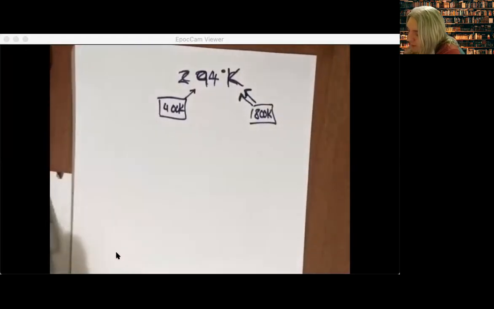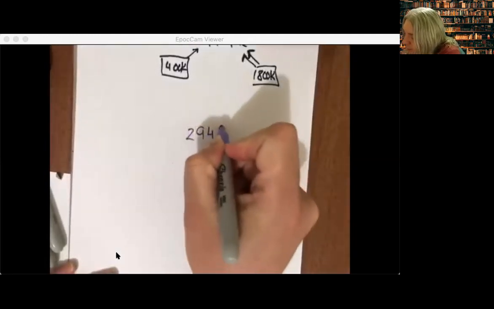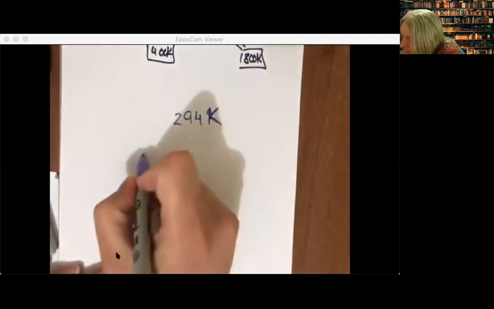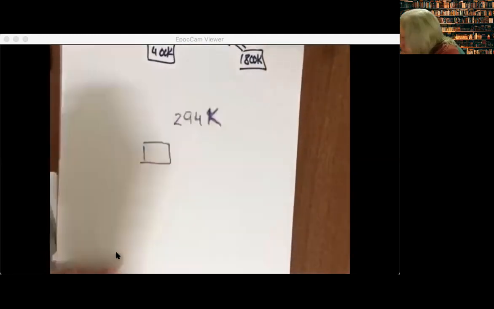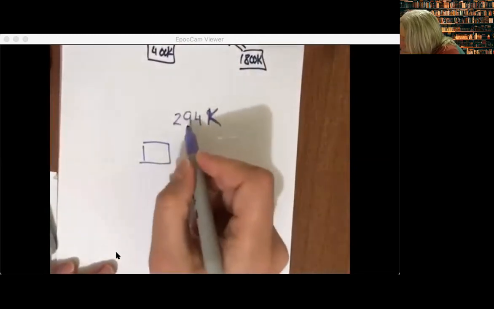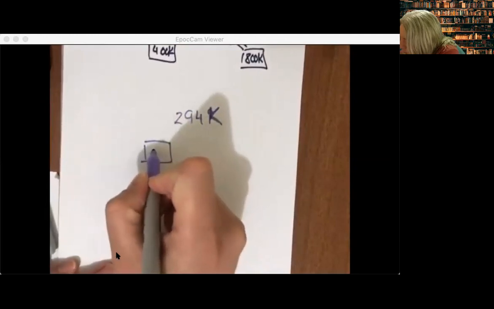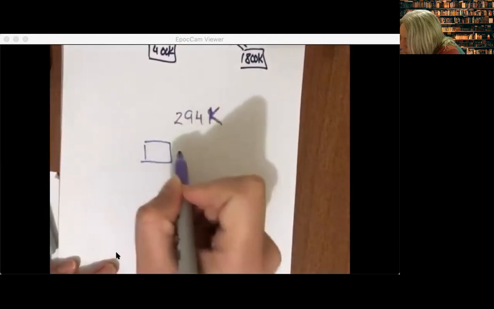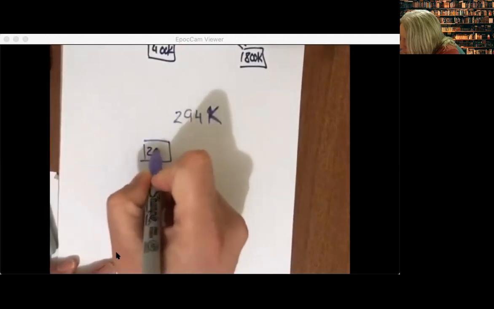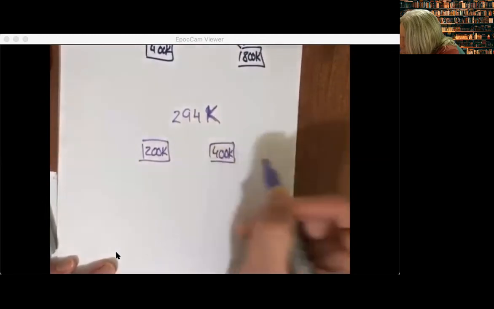But what about instead, same thing, we've got a 294 Kelvin environment. But what if we had one object that was, I have to do some math here, let's say 100 Kelvin less, so let's say it's 200 Kelvin, and then this is 400 Kelvin.